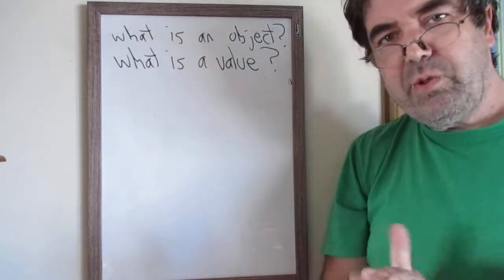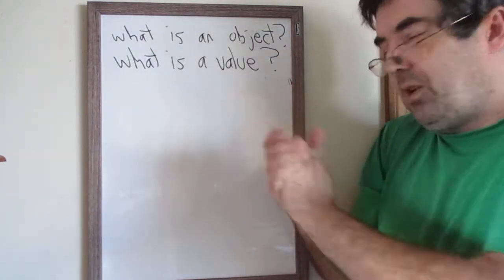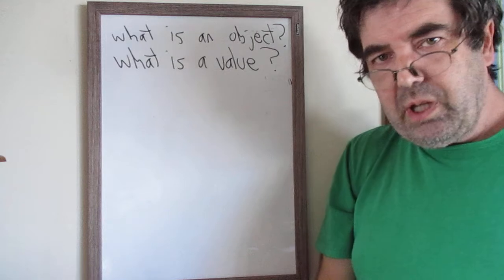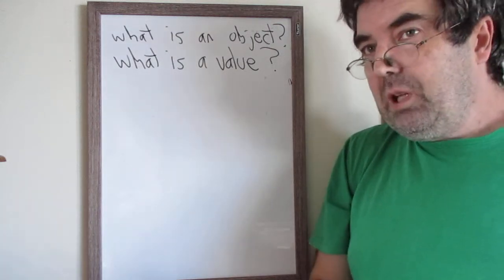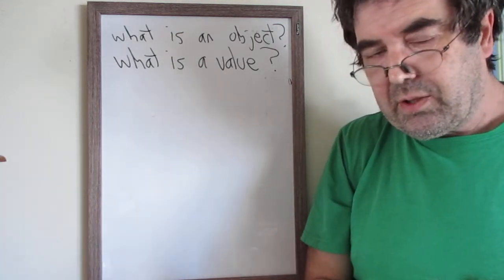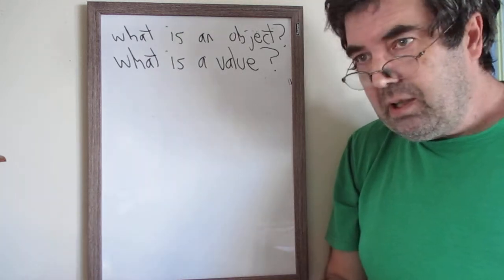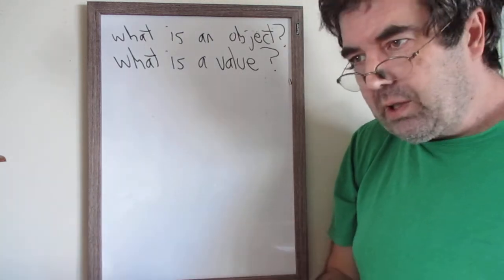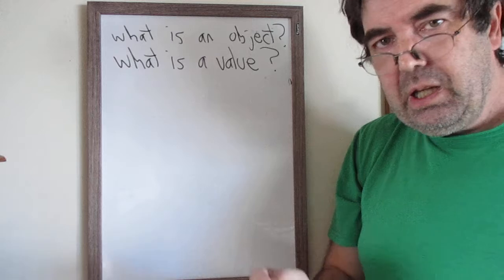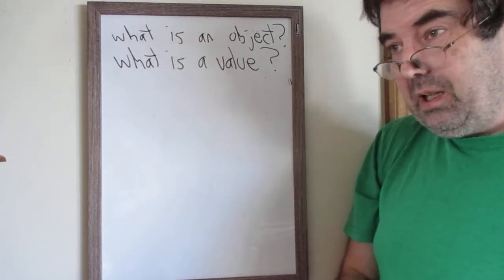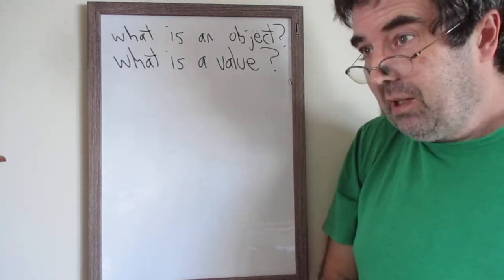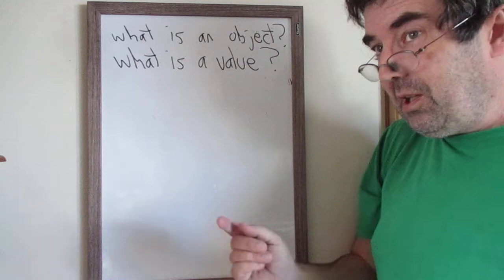In the JavaScript programming language, a value is almost always an object. There are only a very few exceptions. Those exceptions are null, undefined, true, false, any number, and any string. If it's not one of those things, then the value is an object.